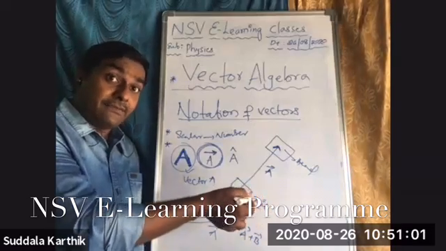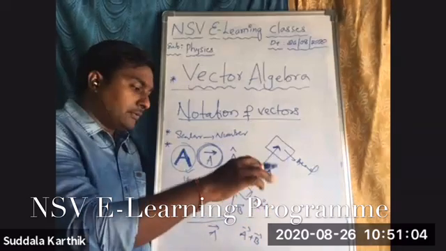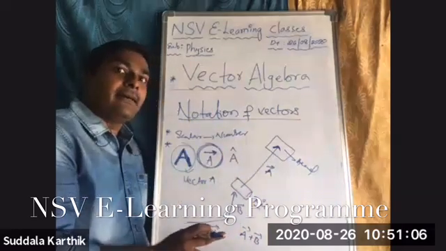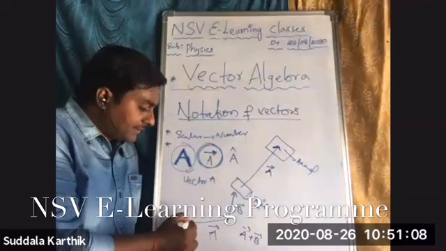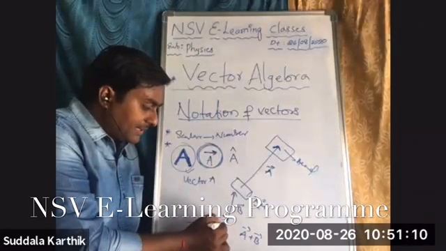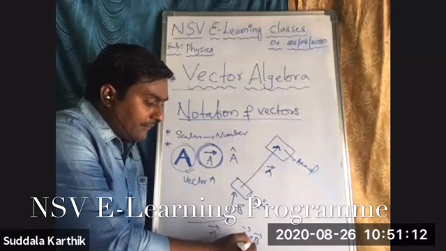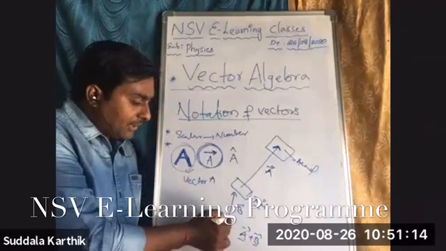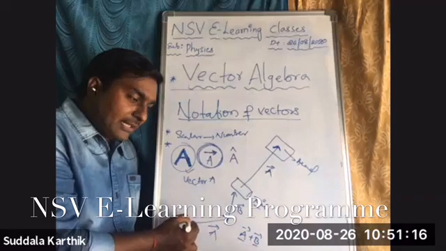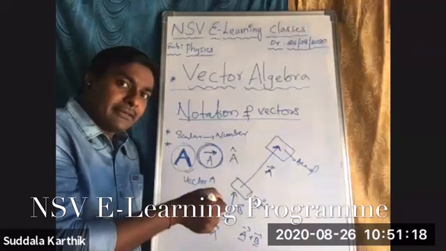First of all, we must learn the vector law of addition. If you want to add A bar and B bar, first you have to place A bar and then B bar.